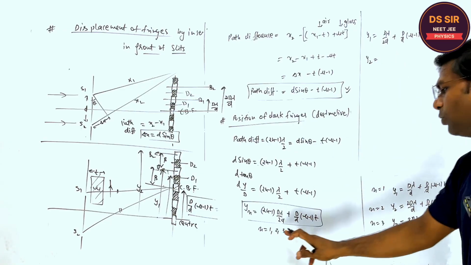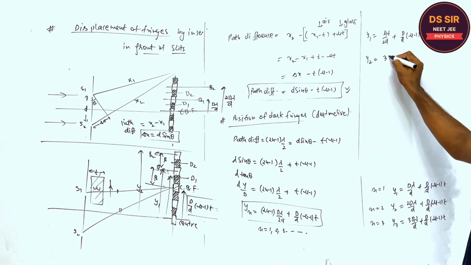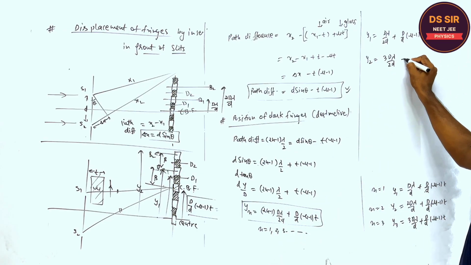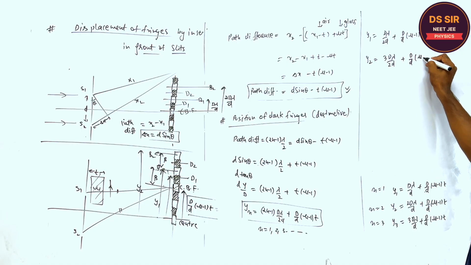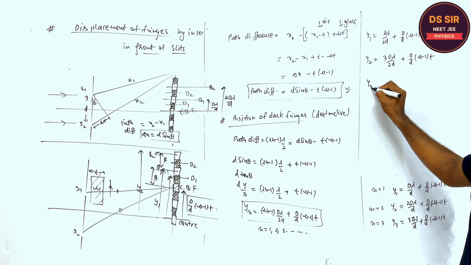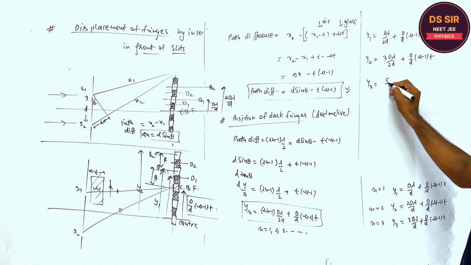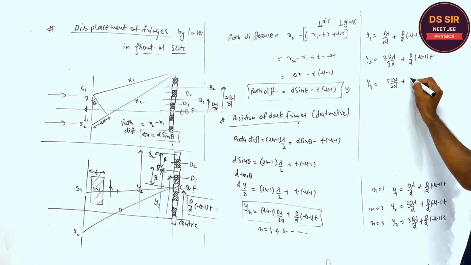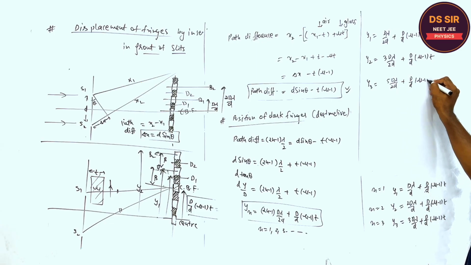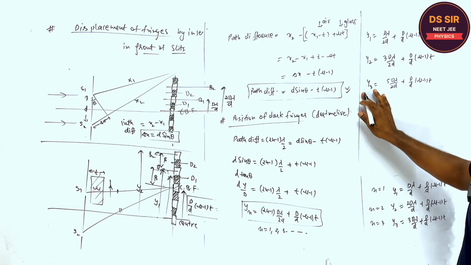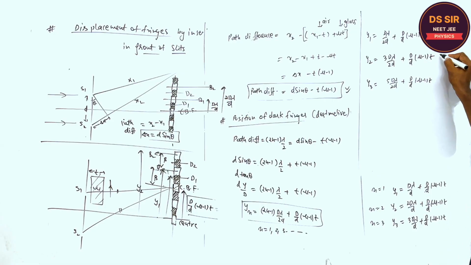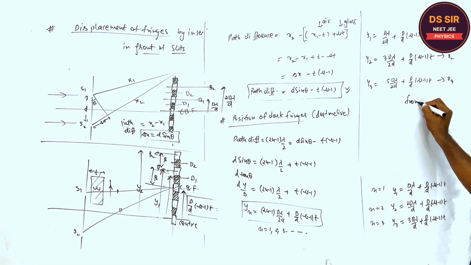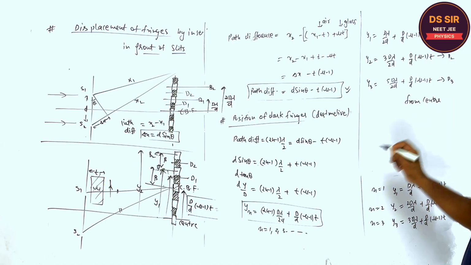Y2, when you put n equal to 2, is 3d lambda over 2d plus d upon d (mu minus 1) into t. Y3 is 5d lambda over 2d plus d upon d (mu minus 1) into t. Is it clear or not? So this is for the positions of dark fringes d1, d2 and d3, but from the center, not from the central bright fringe.